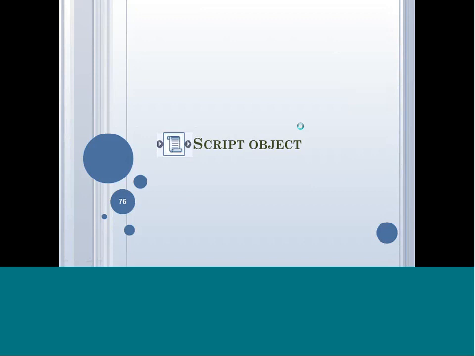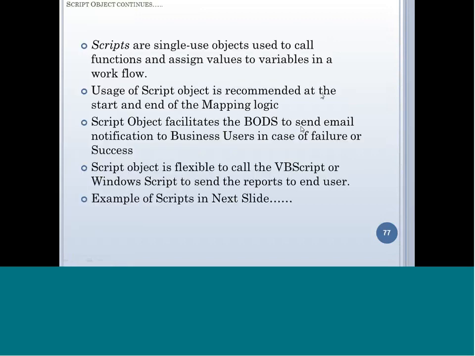Normally the script is a single use object. Once you have used the script object, it is specific only to that particular workflow or job. The script can't be changed like our data flow.